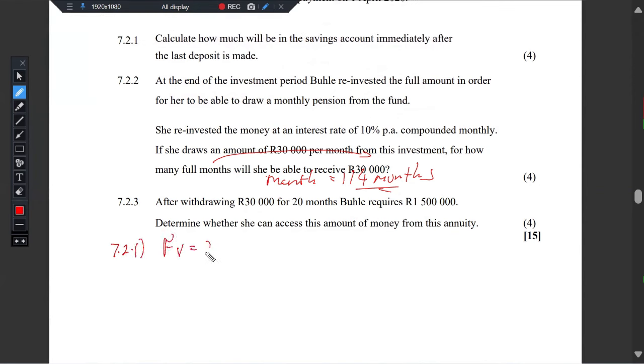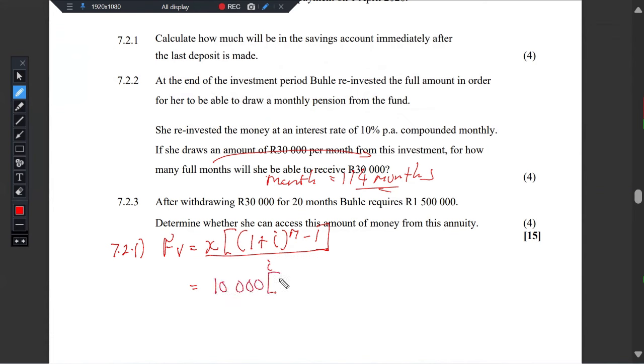So the future value is equal to x, and then you write your formula. That's 1 plus i to the exponent of n, minus 1, over i. You can check your formula from the formula sheet. No marks are awarded for the formula, just for the substitution into the correct formula. Then your x: she's making monthly deposits of 10,000.